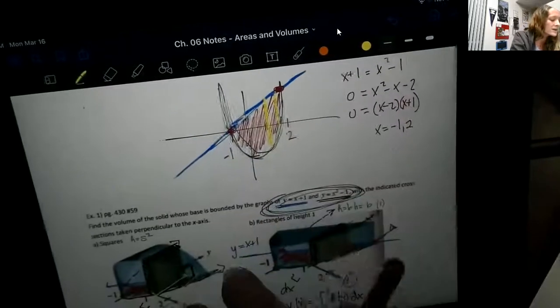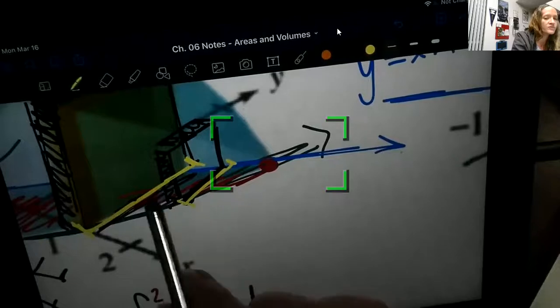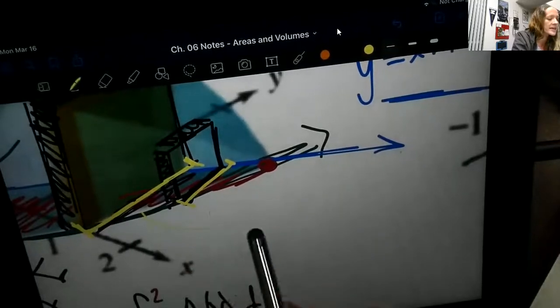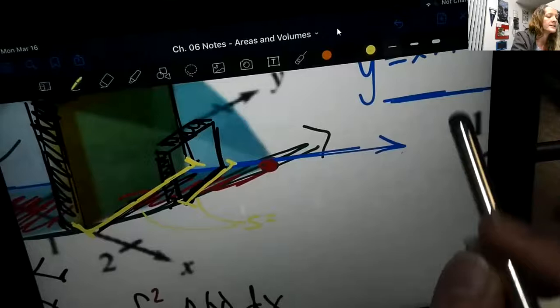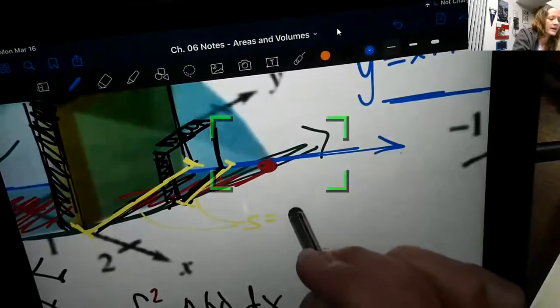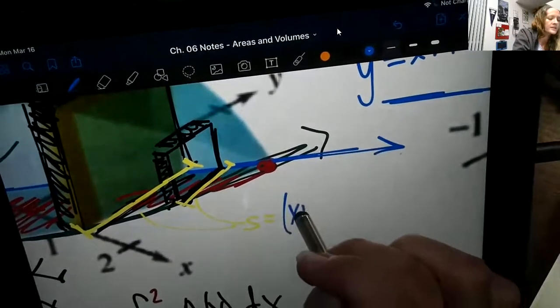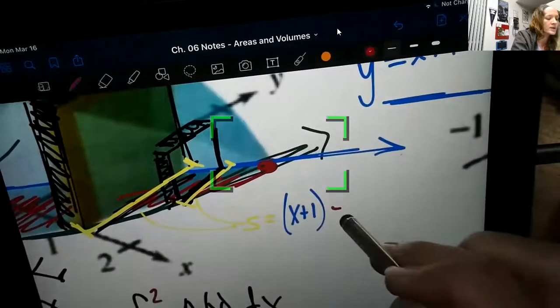So with that, all of a sudden it's like, wait a minute, even though these are two very different measures, I can say they're both sides that are defined by top minus bottom. Now, who is the top? Let's go get them. The top is the line, and the line is x plus 1. And then, who is the bottom? Well, remember, top minus bottom.